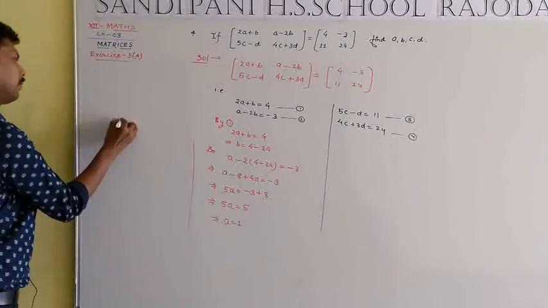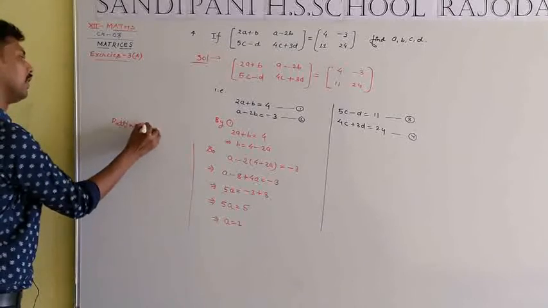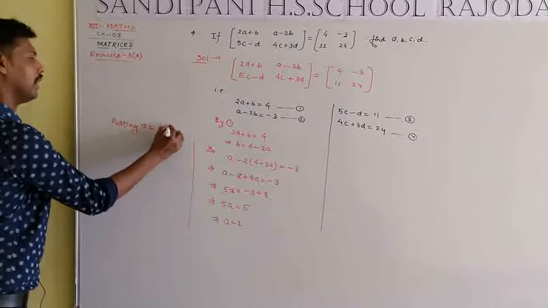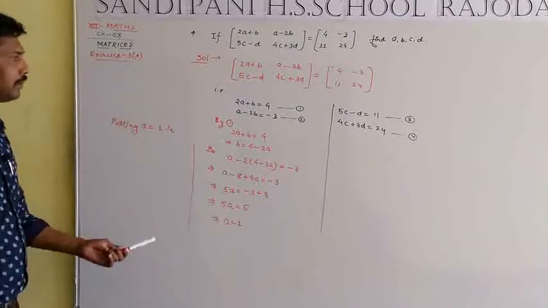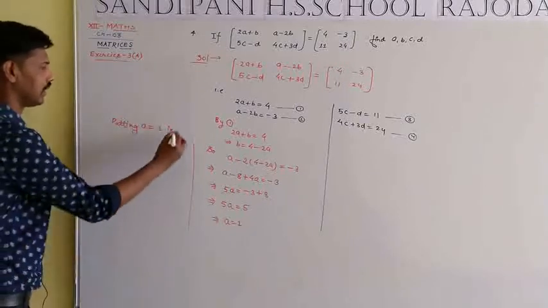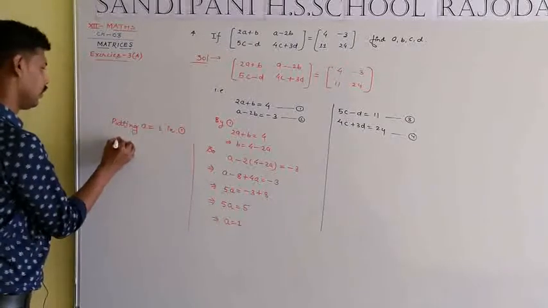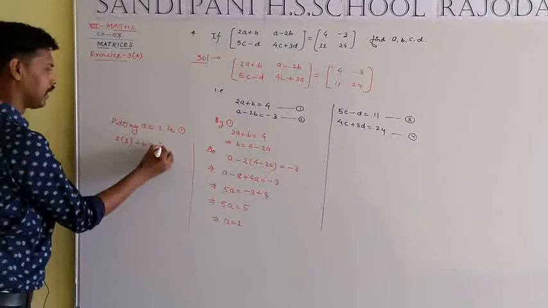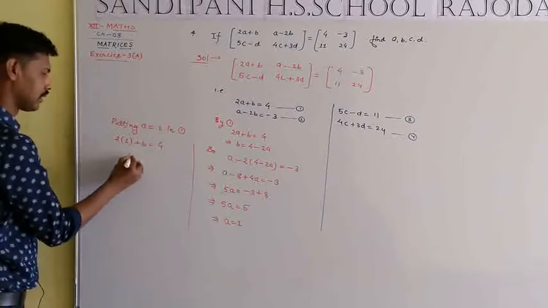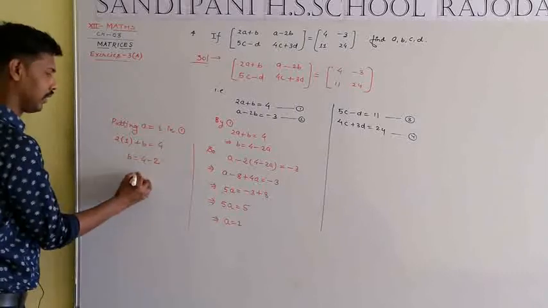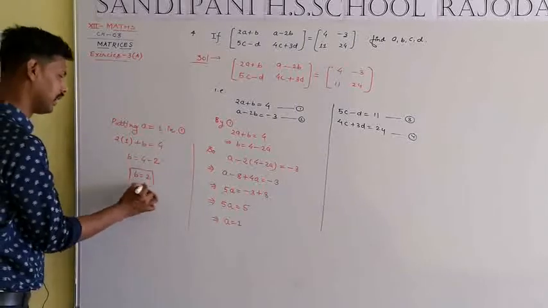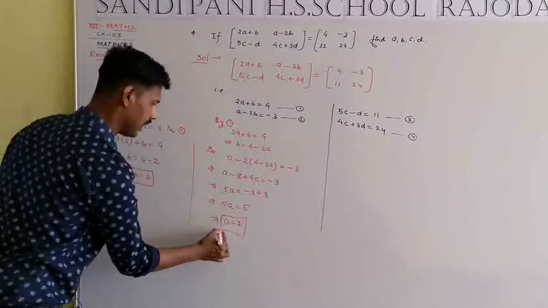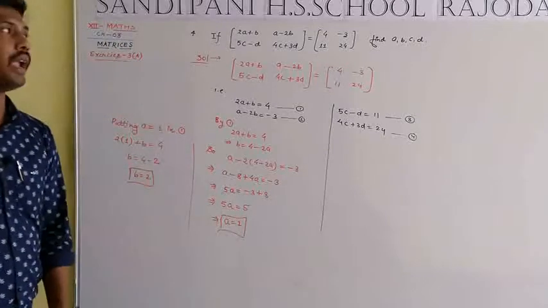Putting the value of a in equation number first or second: equation number first, 2 into a plus b equal to 4, 2 into 1 plus b equal to 4, so b will be 2.